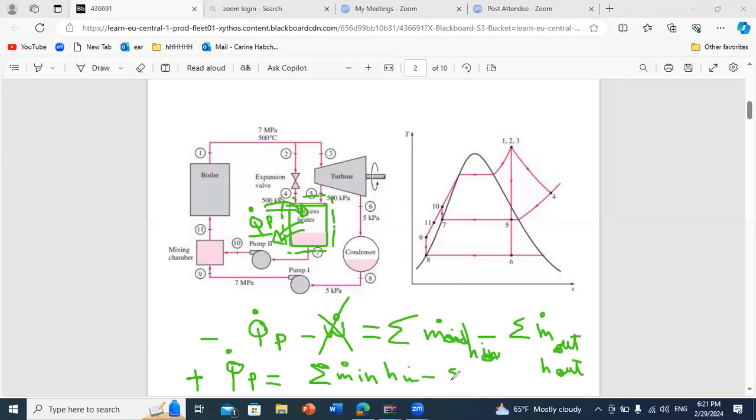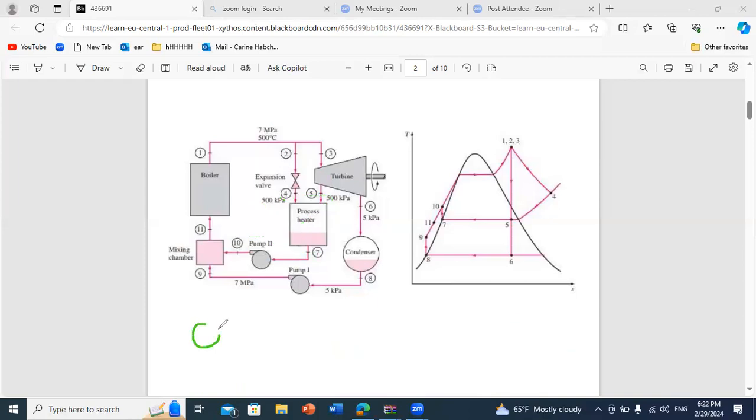So let us see what the inlets and outlets are. Overall, the extracted heat, Q dot process, is equal to, what is the mass flow rate going through four?